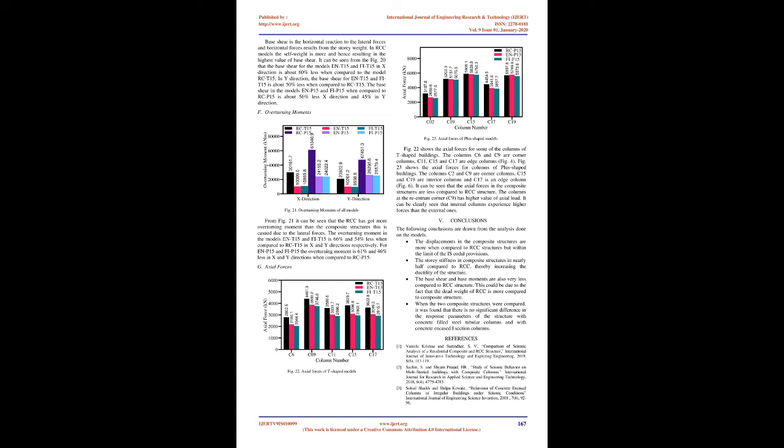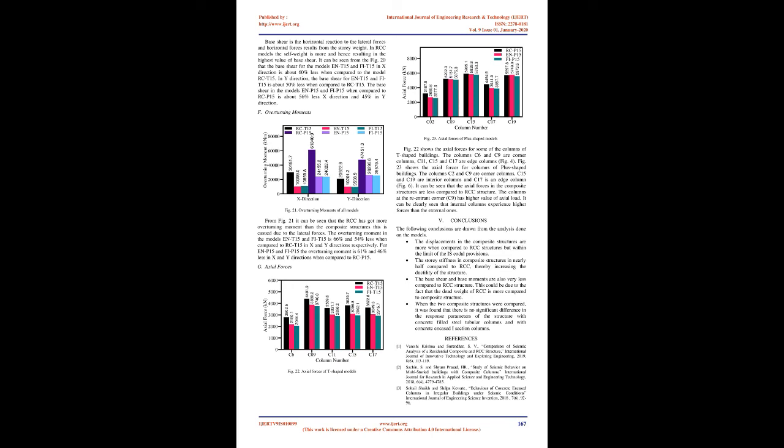In Y direction, the base shear for NT15 and Phi-T15 is about 50% less when compared to RCT15. The base shear in the models NP15 and Phi-P15 when compared to RCP15 is about 56% less in X direction and 45% in Y direction.